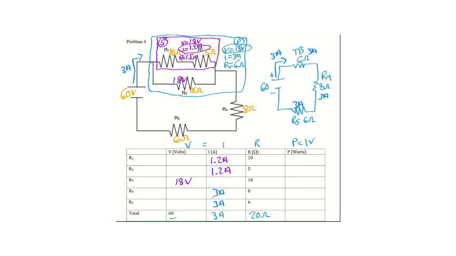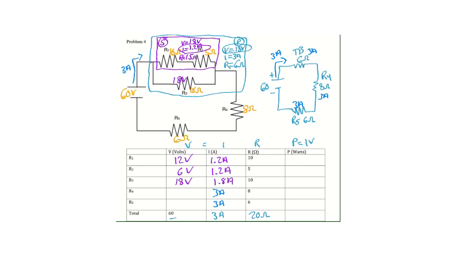You can see we now have either something in the voltage column or the current column for every single resistor, and we can proceed to fill out the chart. So 10 times 1.2 is going to give me 12 volts. 5 times 1.2 is going to give me 6 volts. 18 volts divided by 10 is going to give me 1.8 amps.